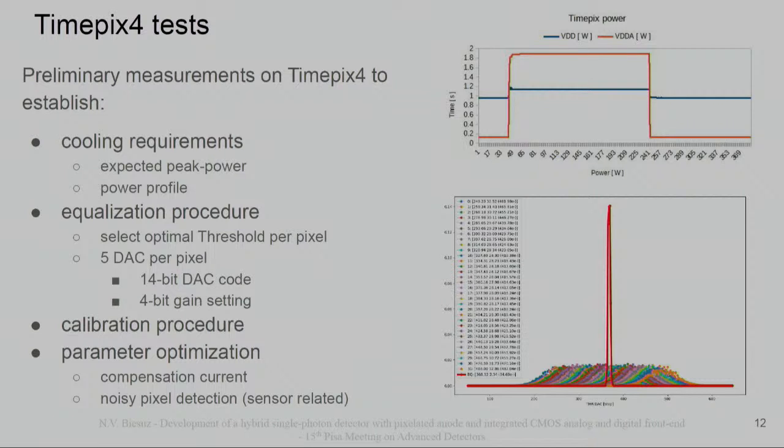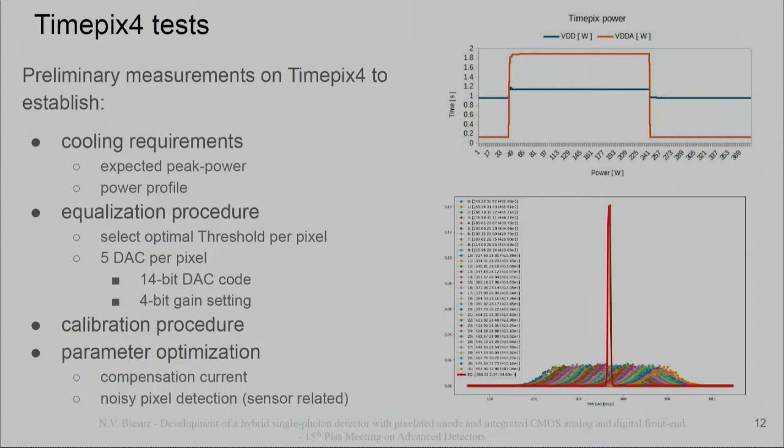So here you can see a very brief report of the Timepix4 tests that we are performing. These are very preliminary measurements. First of all, as I told you, we need to cool down our detector, so we need to define cooling requirements. To have cooling requirements, we really need to measure the peak power of the ASIC, which is the highest source of heat inside our detector. As you can see here, we have multiple power rails.